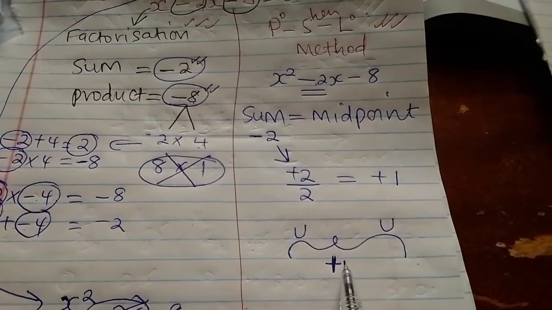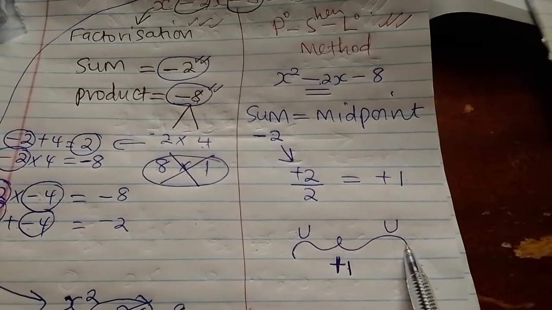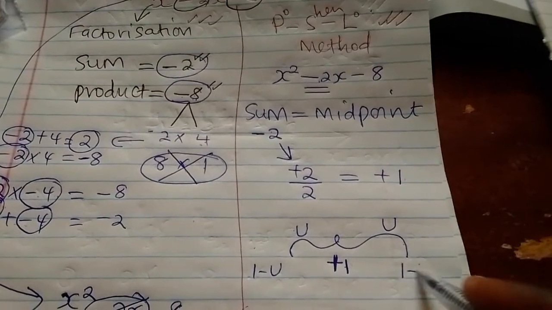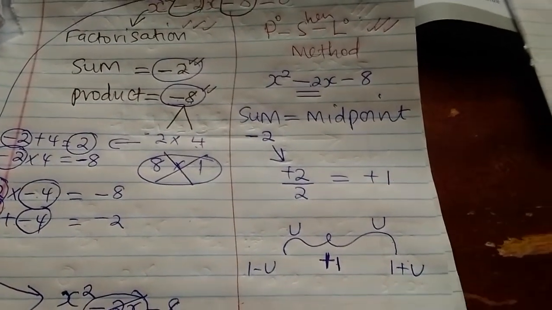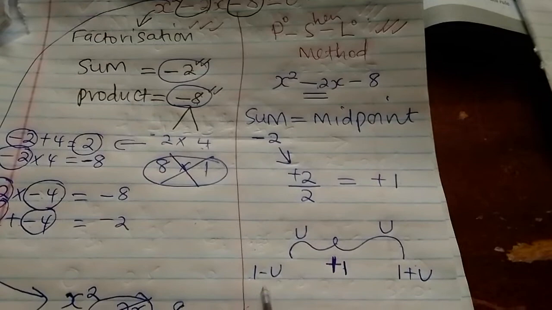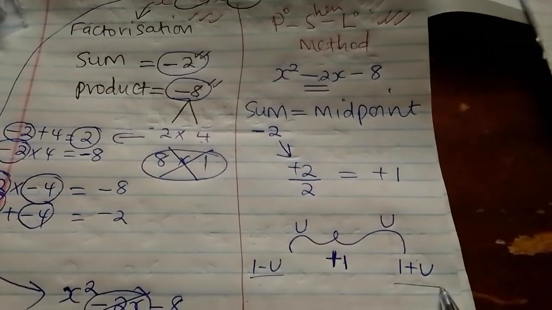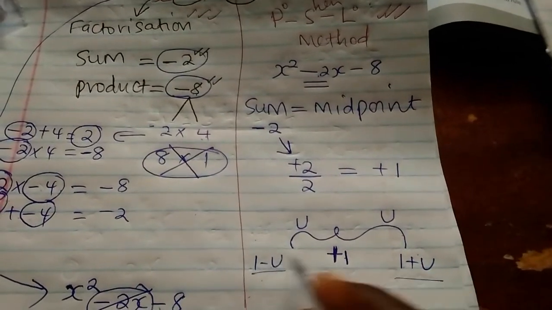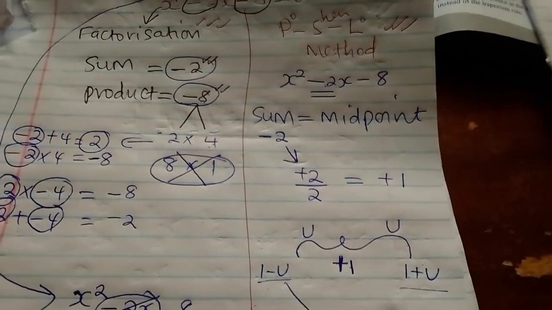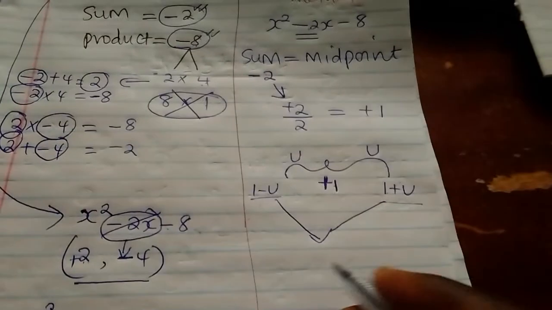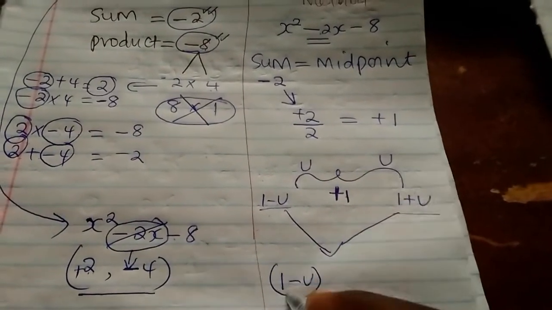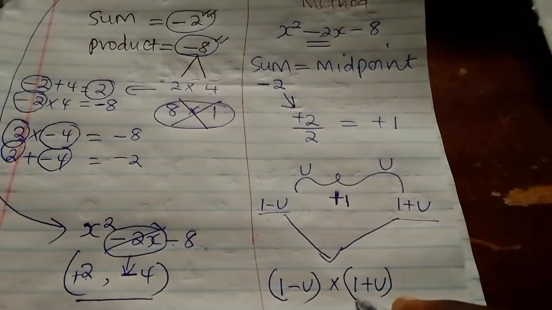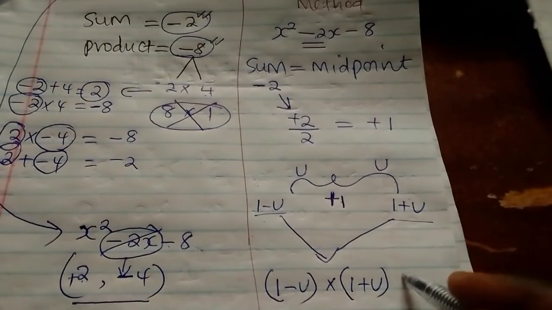Then that is to say 1 minus u on this side, 1 plus u on this other side. Because a quadratic expression must have two expressions when it gets solved. Then at the end of the day, these two will give me the product. So I'll say 1 minus u times 1 plus u.